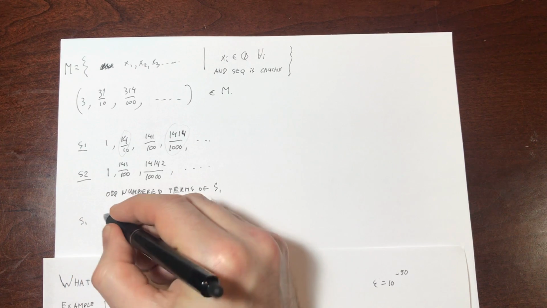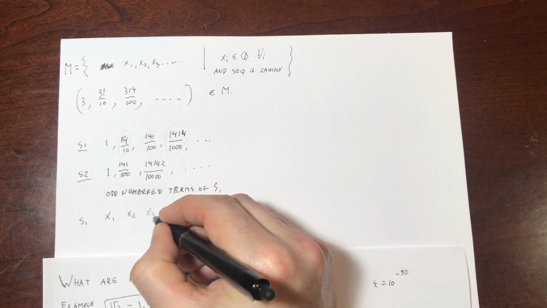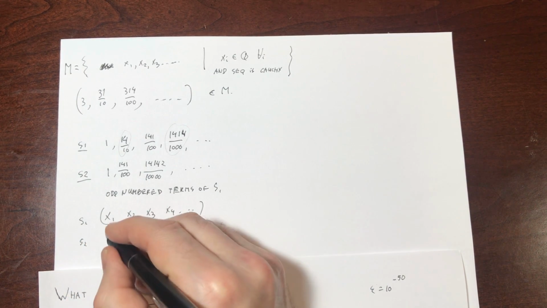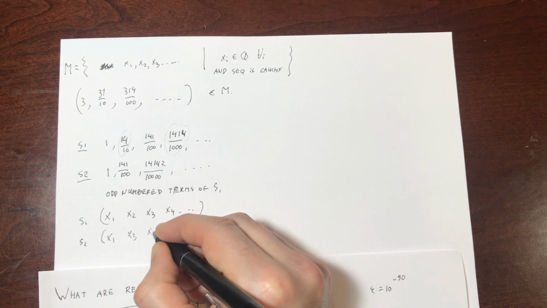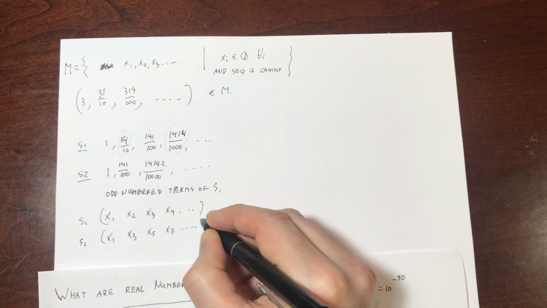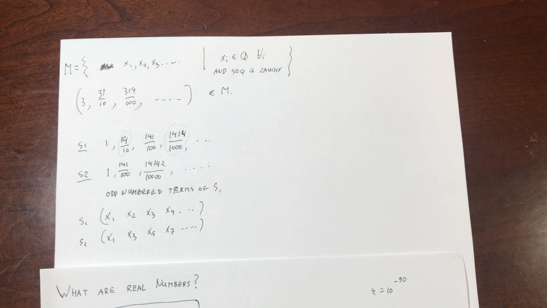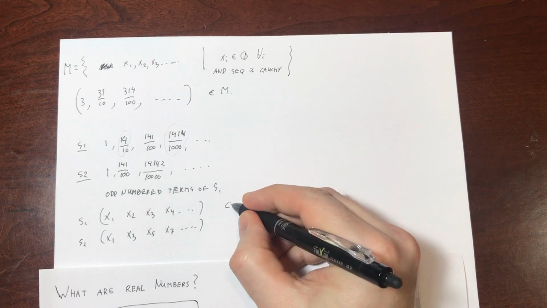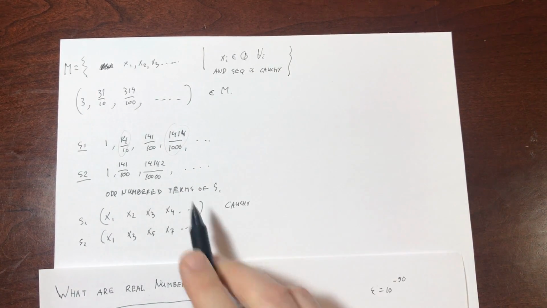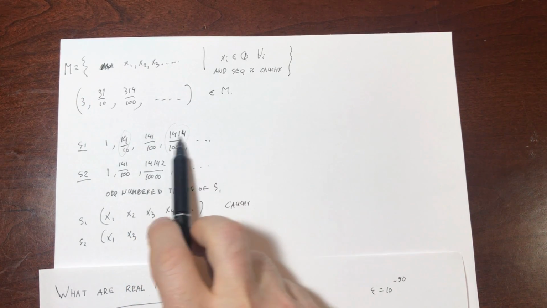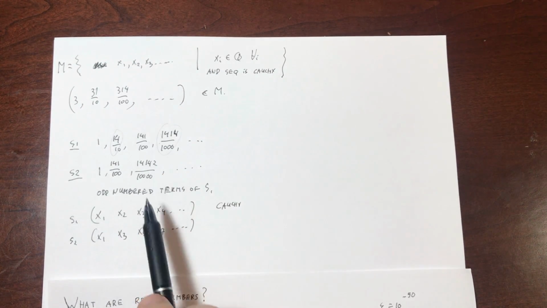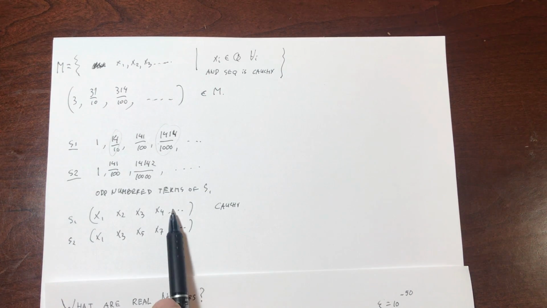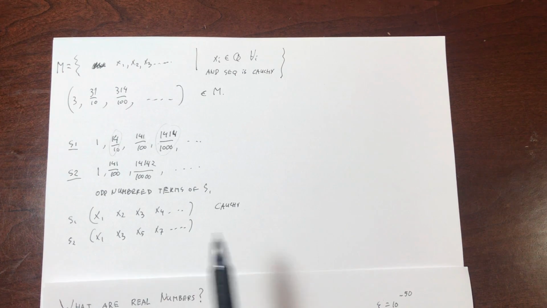So if S1 was x1, x2, x3, x4, and so on, then sequence number 2 is x1, x3, x5, x7, and so on. Now both of these are Cauchy sequences. You see, these numbers keep getting closer and closer together. So this is a Cauchy sequence, but this is also a Cauchy sequence. These numbers also get closer and closer together, but they also get really, really close to these ones.